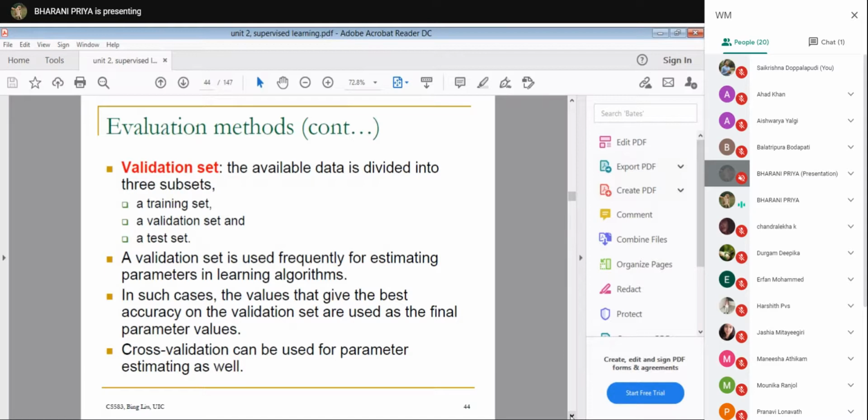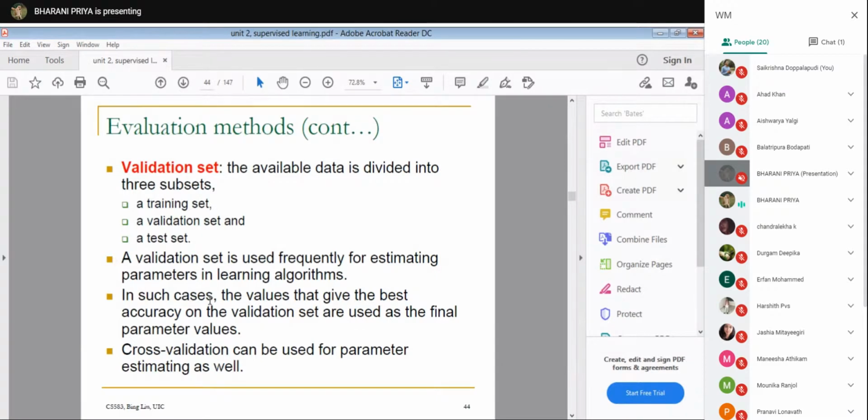The validation set, I have already discussed what it is. The data is divided into training set and validation set. Both have input as well as output, whereas the test set does not have output, only input. The validation set is most frequently used to estimate parameters, and the term is mostly used in neural networks, where you decide at what stage to stop the iteration and how many hidden nodes to use.